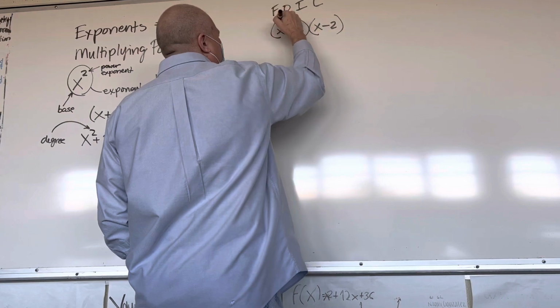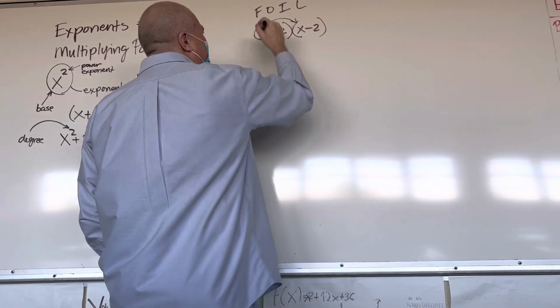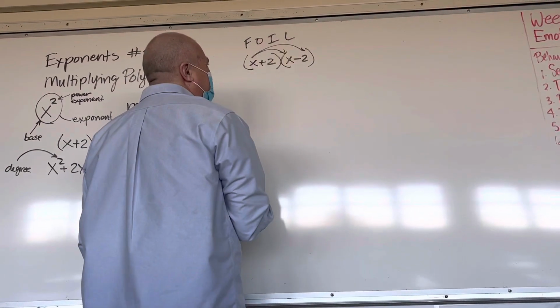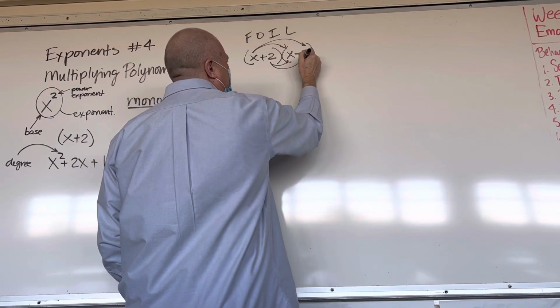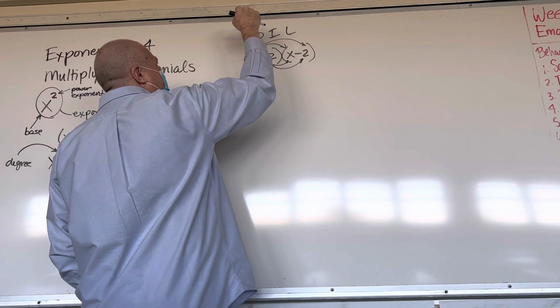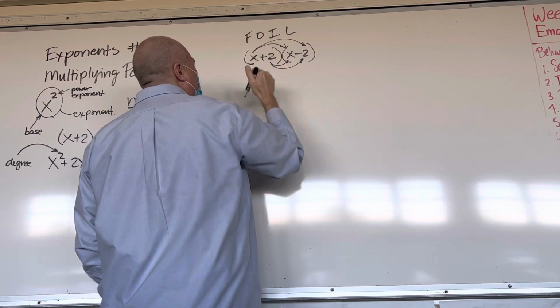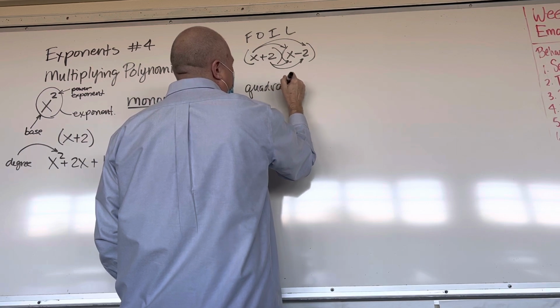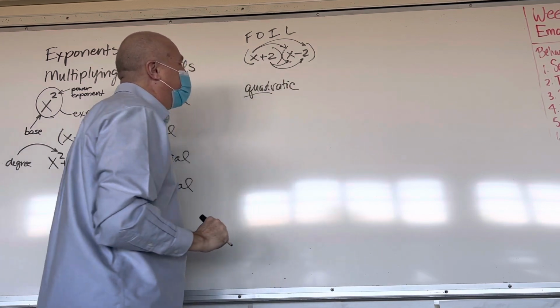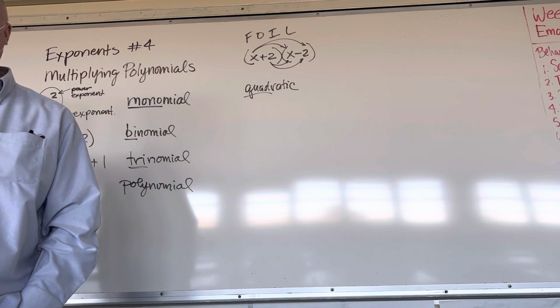F-O-I-L. First, these get multiplied. Outside, these get multiplied. Inside would be these 2 terms, and last would be these 2 terms. How many multiplication steps? 1, 2, 3, 4. It produces a quadratic, quad being 4, and 4 multiplication steps is the way I remember it.